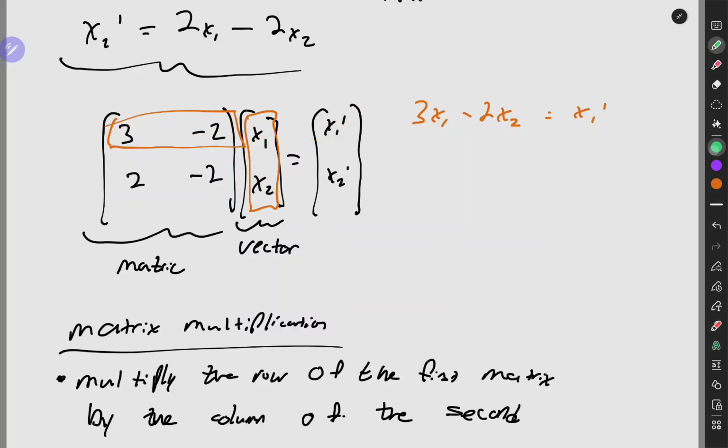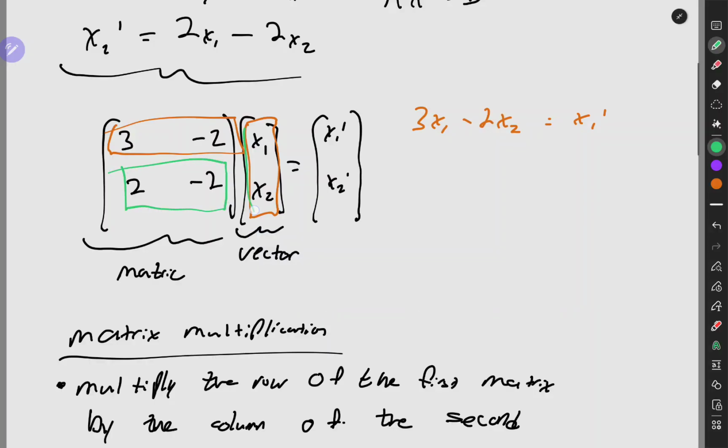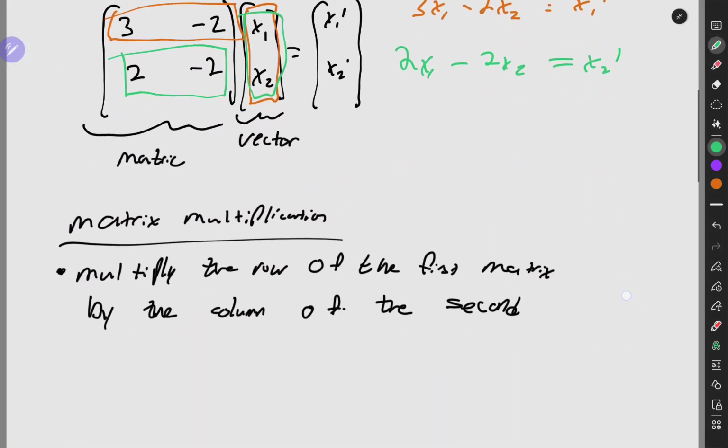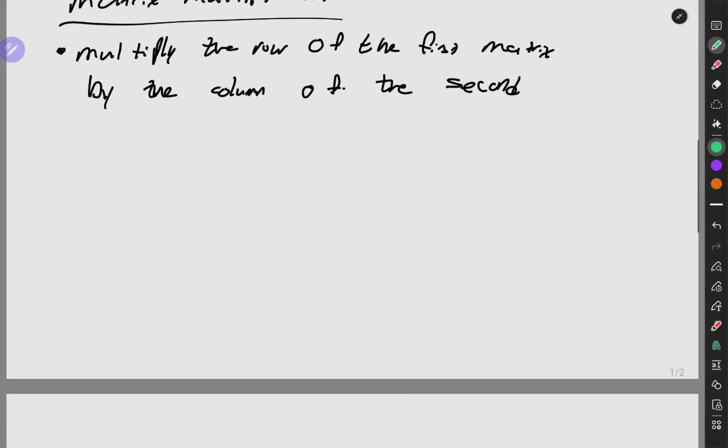Now for the next one, you do this times this. So with the row, you go this way in your order of multiplication. So it's 2 times x1 minus 2 times x2 is equal to x2 prime. Right? That's how you do matrix multiplication.